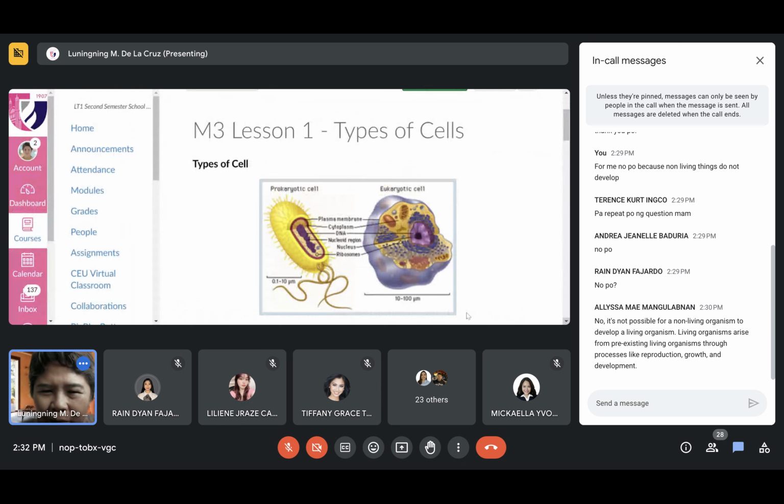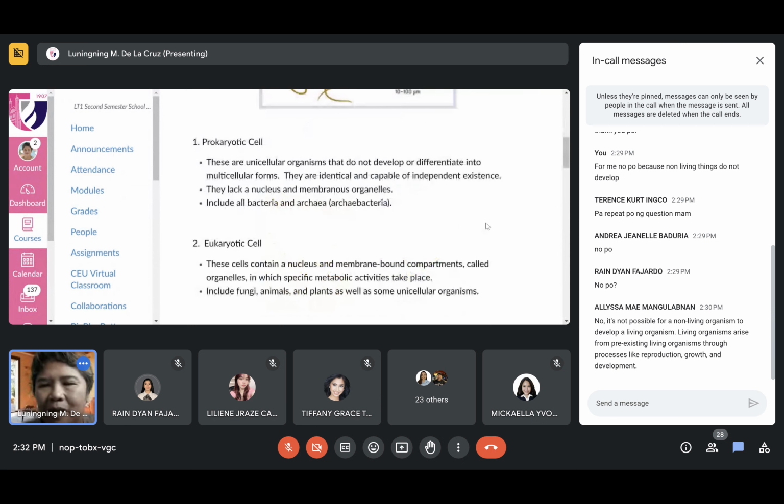Okay, so you will see that the DNA in a prokaryotic cell is scattered in the cytoplasm. However, for the eukaryotic cell, the DNA is located inside the nucleus. Okay, you cannot find the DNA outside of the nucleus in the eukaryotic cell.